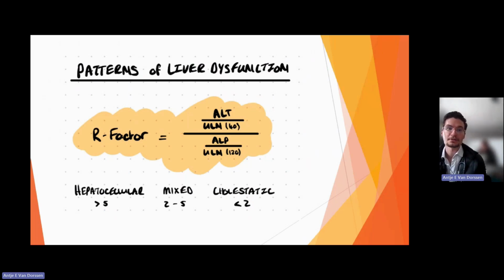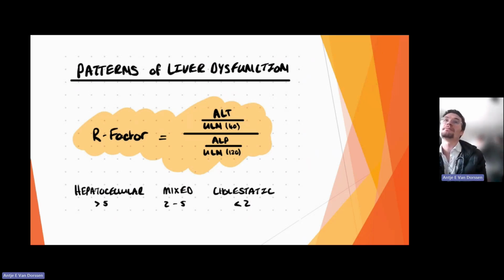Patterns of liver dysfunction: it's very easy to look at a blood result page and see that the ALT is super high or that the ALP is super high. But sometimes we get caught out calling something a hepatocellular dysfunction when it is actually mixed. So the R factor is a little equation you can do: the patient's ALT divided by the upper limit of normal, we use 40, divided by the patient's ALP divided by the upper limit of normal, which is 120.